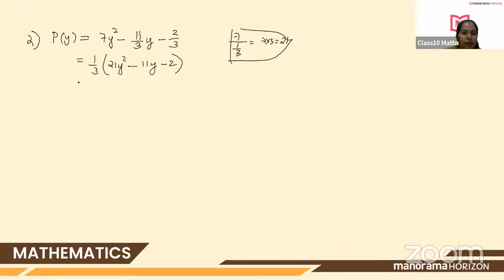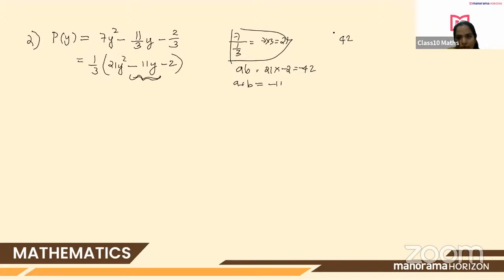And take 1 by 3 as common from this equation and split the middle term minus 11y. So ab should be 21 into minus 2, which is equal to minus 42, and a plus b should be equal to minus 11. So what will be the numbers?